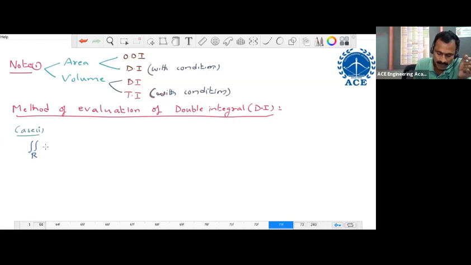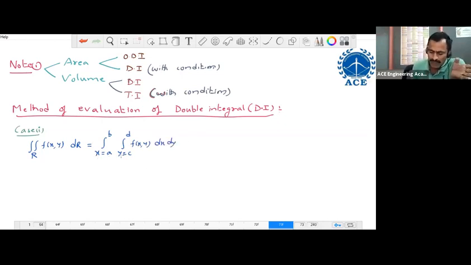Double integral over R f of x comma y dR equal to integral x equal to a to b, integral y equal to c to d, f of x comma y dx dy.